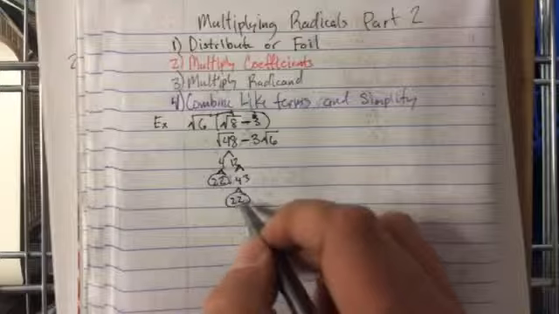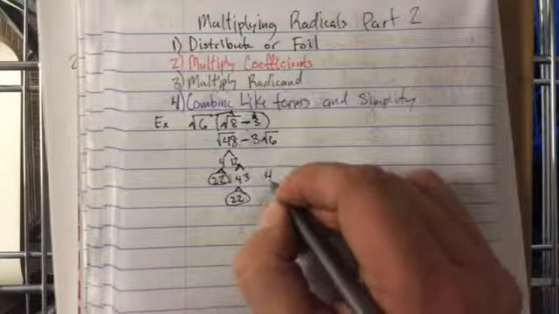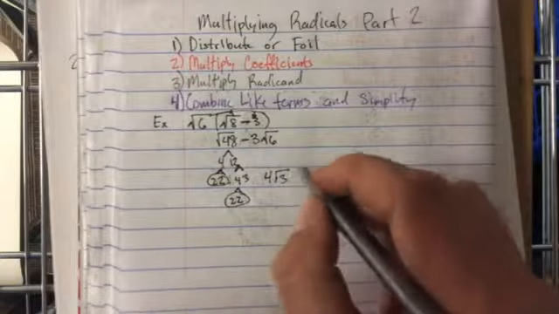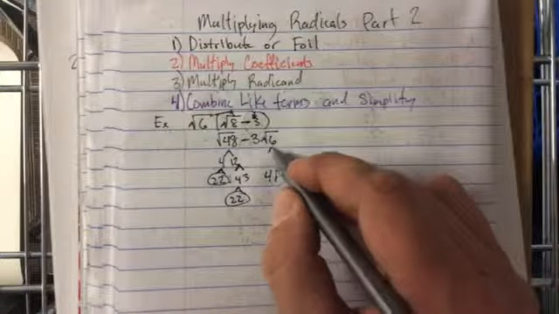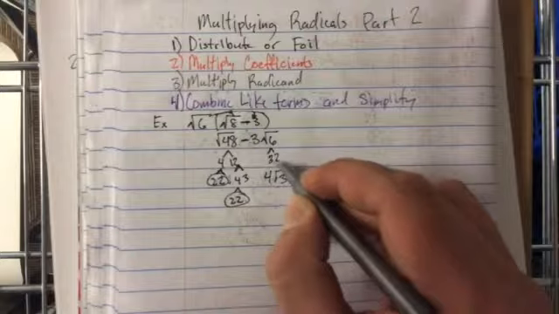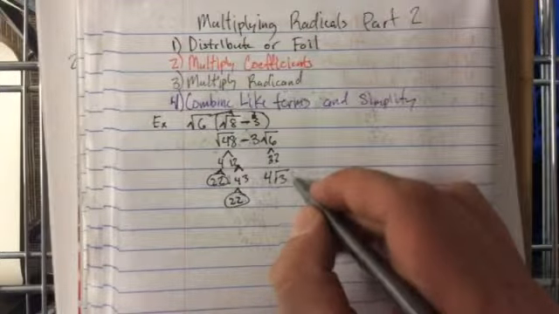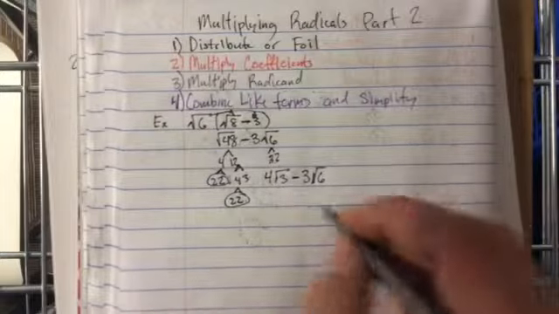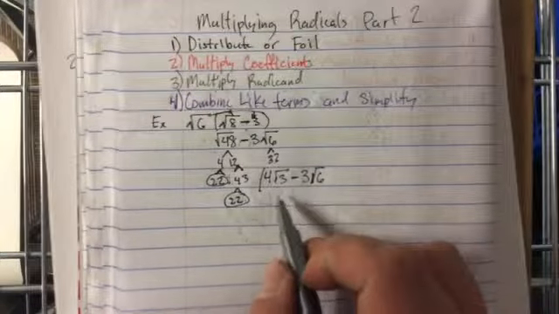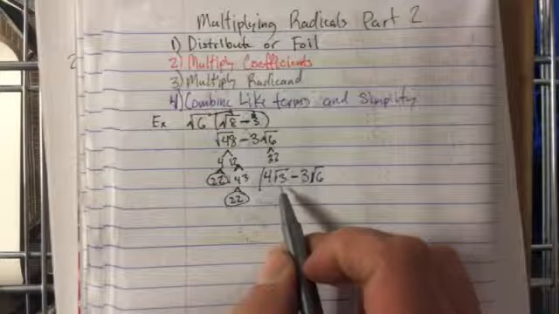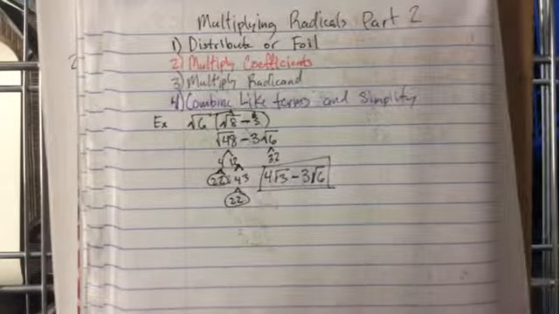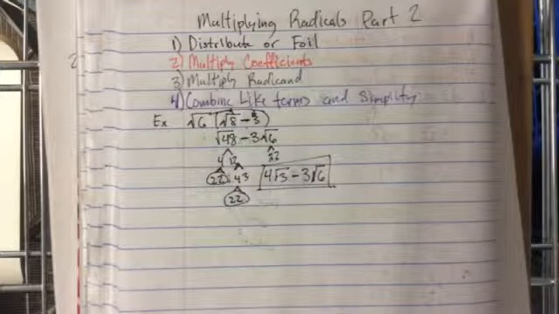So we have 2 times 2, which is 4, left with radical 3. And then if we simplify 6, it's just 3 times 2, so we have no pairs. So it's 4 radical 3 minus 3 radical 6. Can we combine that? Because we have a 3 here and a 3 here, right? No. So our final answer is just 4 square root of 3 minus 3 square root of 6.